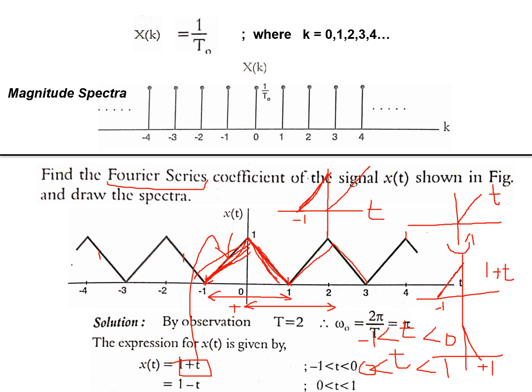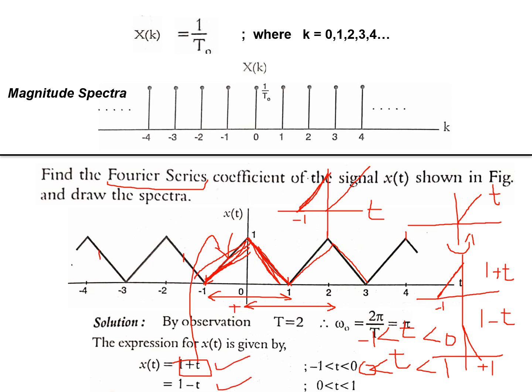If I time reverse, this graph is 1 - t, because t is made negative. Here it was 1 + t, then I am time reversing, so in place of plus t, I should write minus t, 1 - t. So 1 + t is the rising part of the ramp, and the falling part of the ramp is 1 - t.